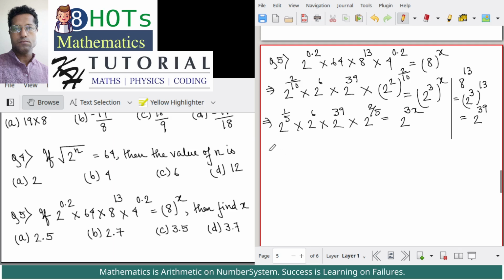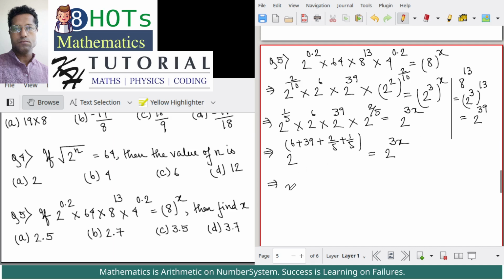Okay. Now we have to add up. Since the LHS is a product of factors, and each factor is an exponential term having the same base 2, we will add up all the powers. So this is 2 raised to the power 6 plus 39 plus 2 by 5 plus 1 by 5 is equal to 2 raised to the power 3x.